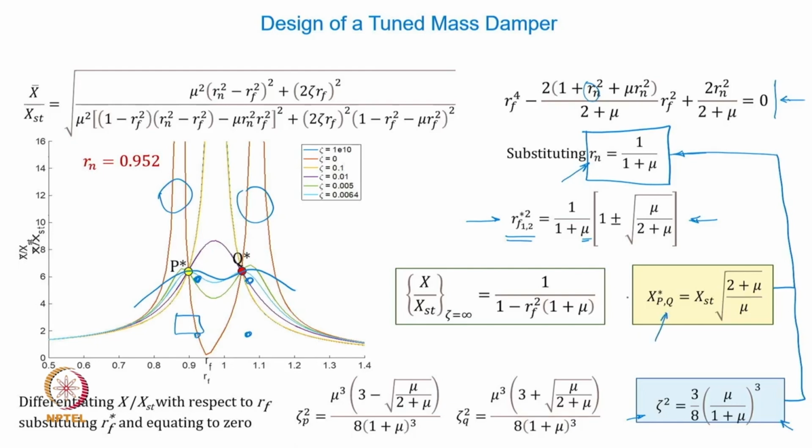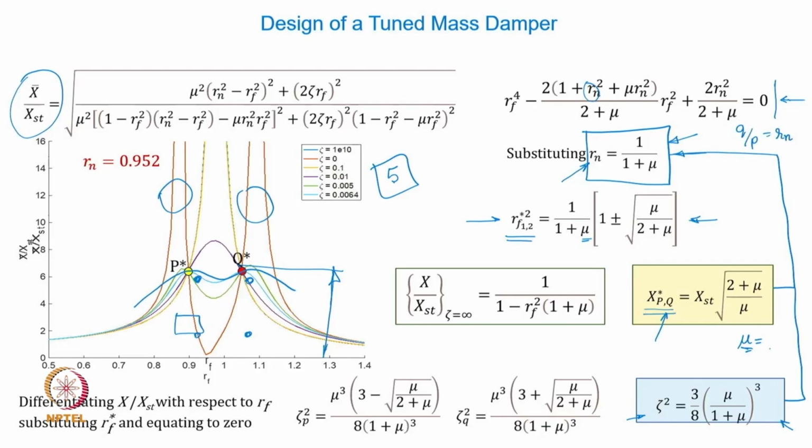Alternatively, you decide how much large amplitude you are going to allow at P or Q. So for example, I may limit the amplitude ratio xp or x bar by xst to be 5, and then if I use that 5 here, I can get a value of mu based on that, and this mu value can be substituted into the expression for Rn, which gives me the relative values of P and Q, because we know that Q upon P is your Rn.